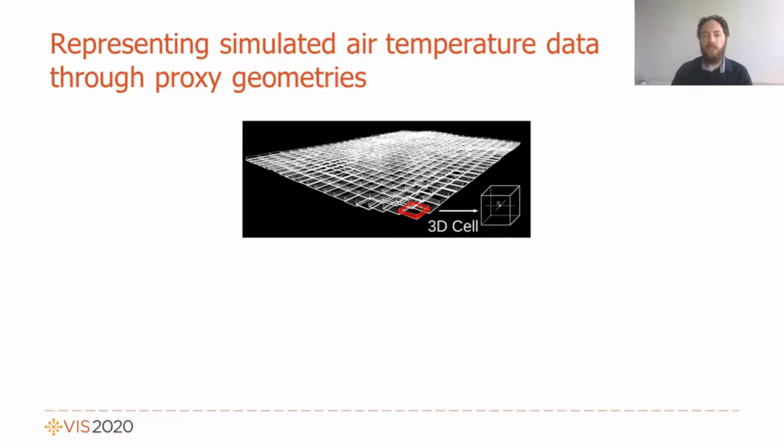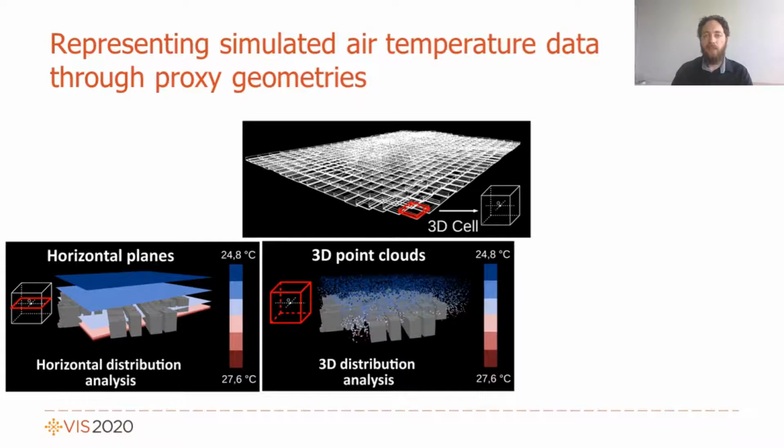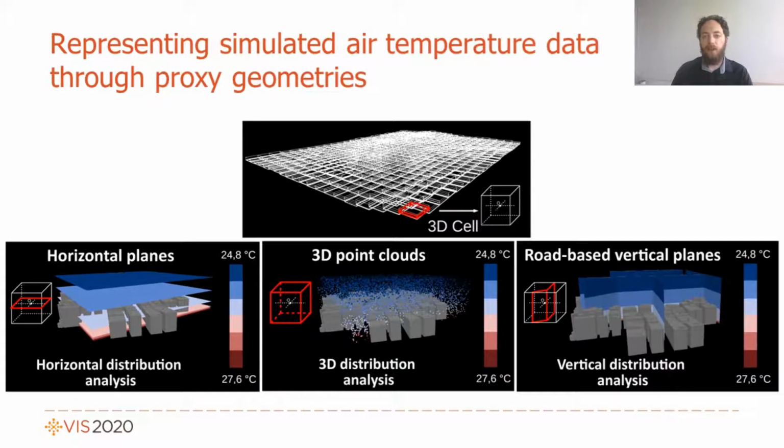We propose to represent data through stacks of horizontal planes, which could be used for analyzing the horizontal distribution of temperature, through stacks of 3D point clouds, which could be used for analyzing the 3D distribution of temperature, and through stacks of road-based vertical planes, which could be used for analyzing the vertical distribution of temperature. For all these proxy geometries, temperature value is represented by a color scale.